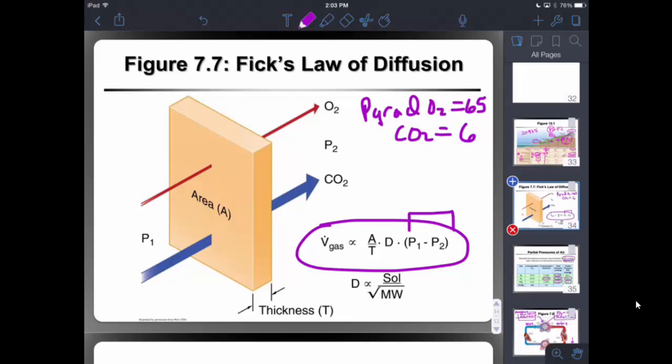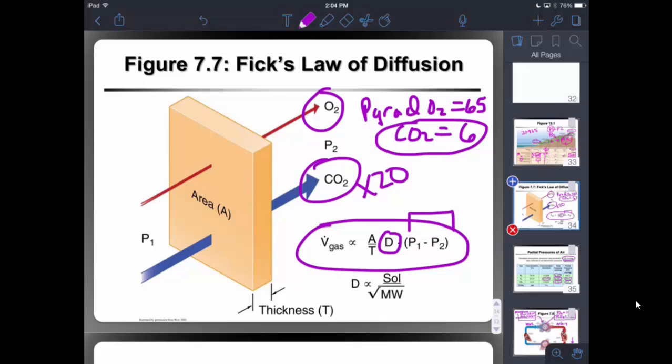The reason for that is because oxygen and CO2 have different diffusion coefficients. The diffusion coefficient for CO2 is 20 times higher than the diffusion coefficient for oxygen. Therefore, because CO2 has such a high diffusion coefficient, it doesn't need as high a pressure gradient in order to move CO2 out of the body.